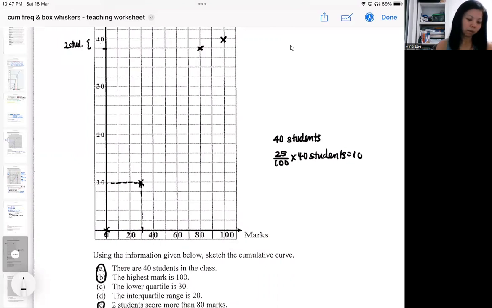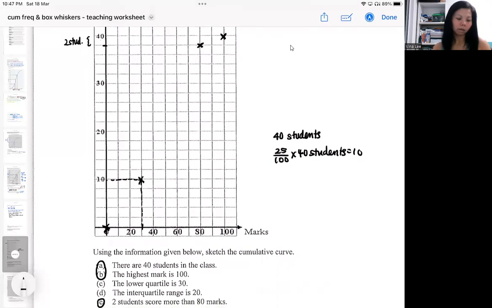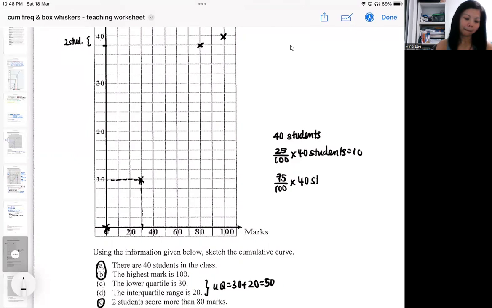And then of course we always start from 0, 0. And then the interquartile range is 20. So from here, I know that the upper quartile will be 30 plus 20. And the upper quartile will come from the 75%. So 75% will be the 30 students.